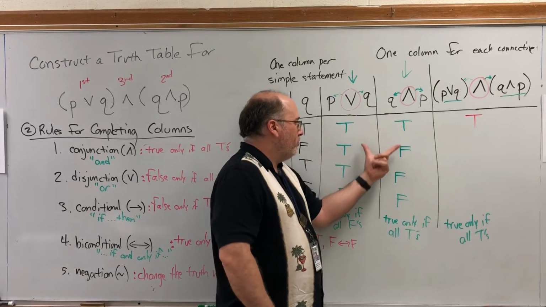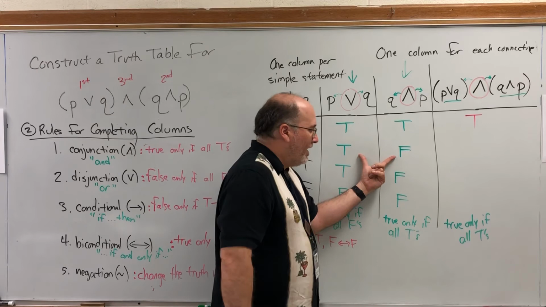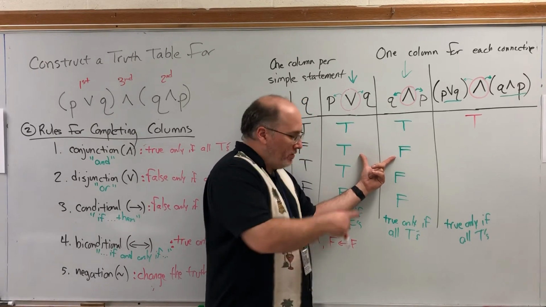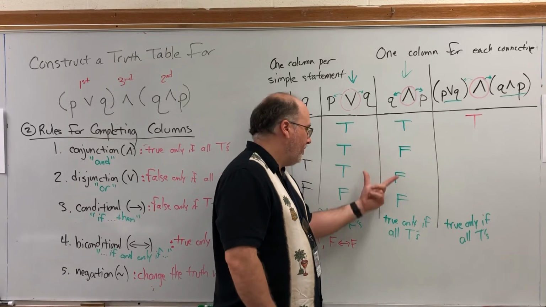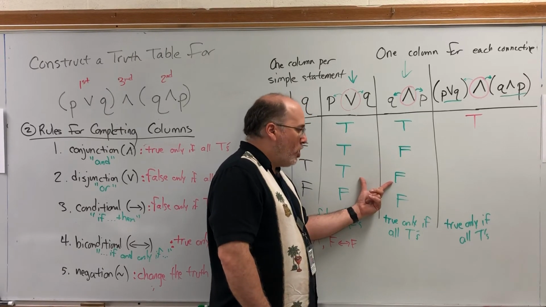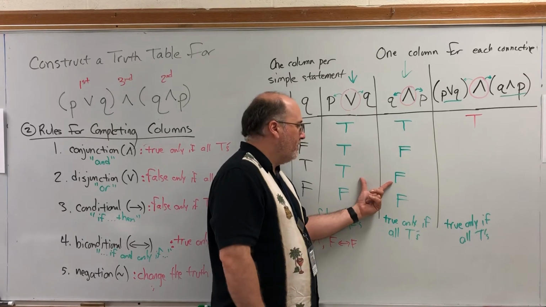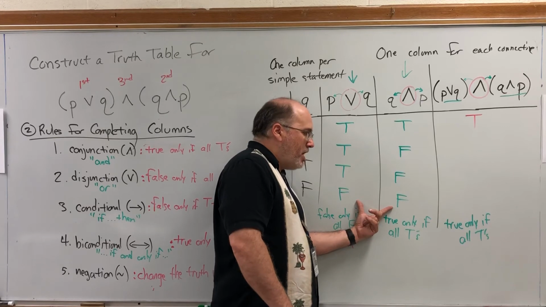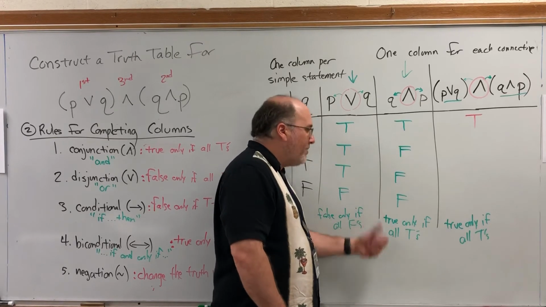Move to the next row. See if the rule applies. Are these all T's? No. Rule doesn't apply. Next row. Are these all T's? No. Rule doesn't apply. Next row. Are these all T's? No. Rule doesn't apply.